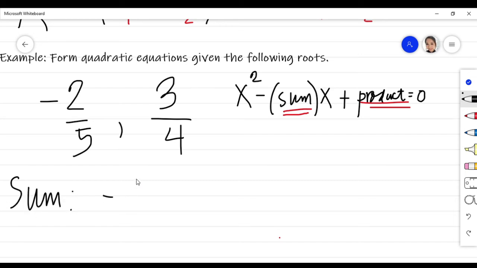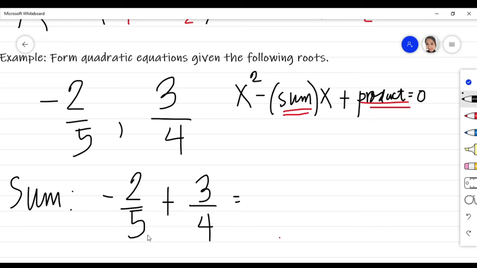So let's determine the sum first. That is adding -2/5 plus 3/4. Let's review adding fractions. We have here the numerators -2 and 3, and the denominators 5 and 4.